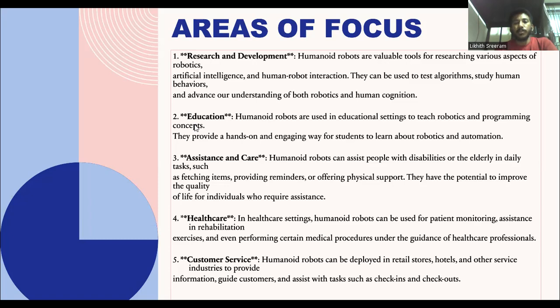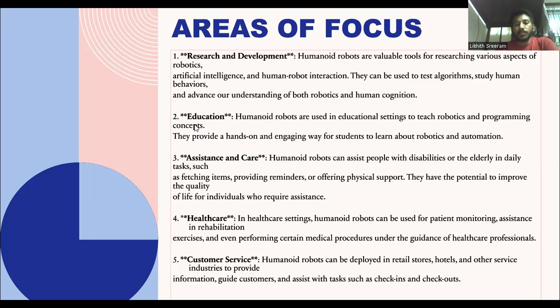Assistance and care: humanoid robots can assist people with disabilities or the elderly in daily tasks such as fetching items, providing reminders, or offering physical support. Healthcare: in healthcare settings, humanoid robots can be used for patient monitoring, assistance in rehabilitation exercises, and even performing certain medical procedures under the guidance of healthcare professionals.